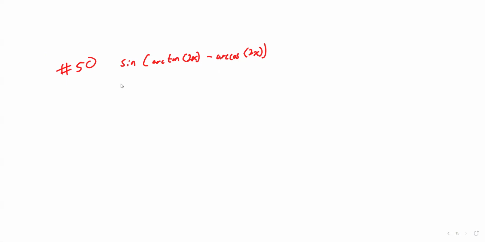of u and v. So what basically you have to do here is we're going to say x is equal to the tan inverse of 2x, and y is going to be the cosine inverse of 2x.